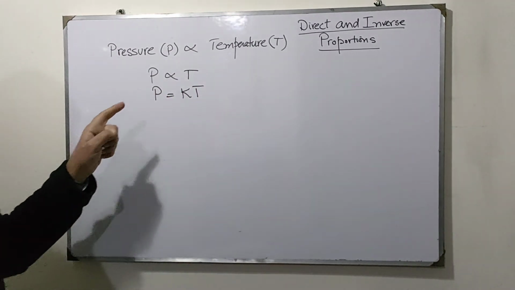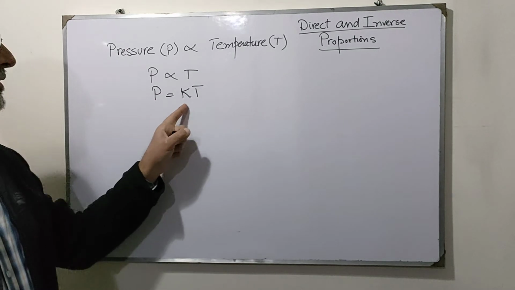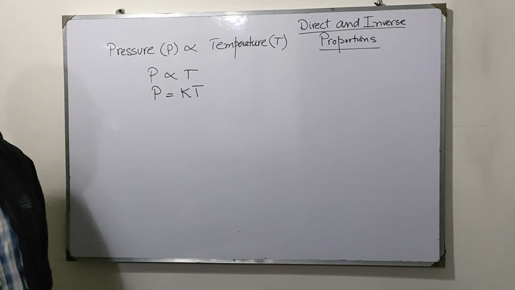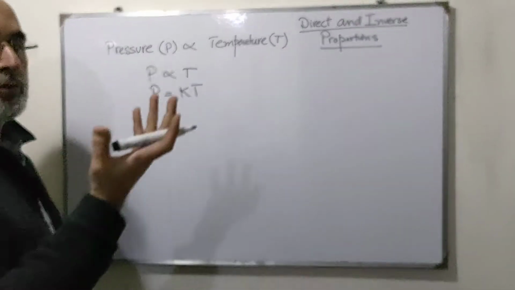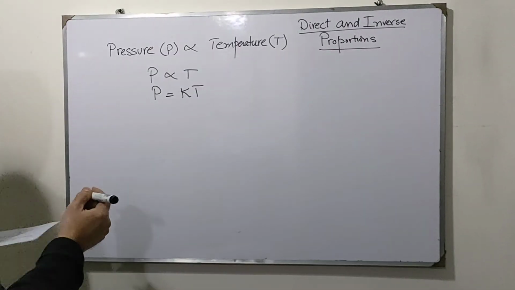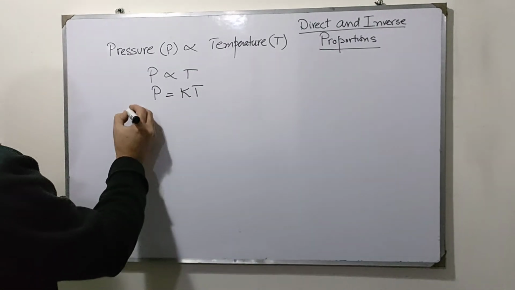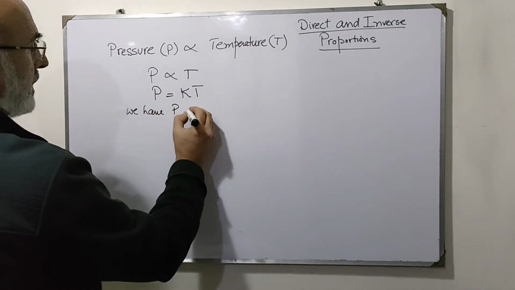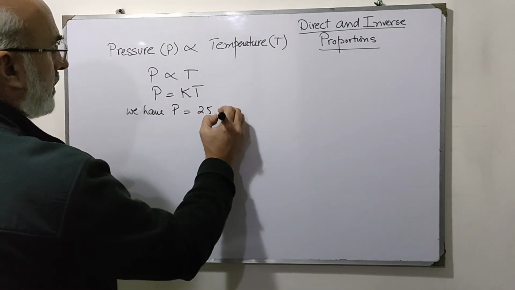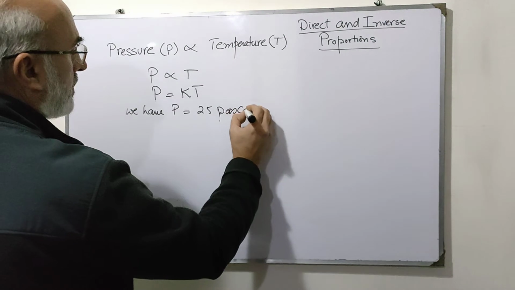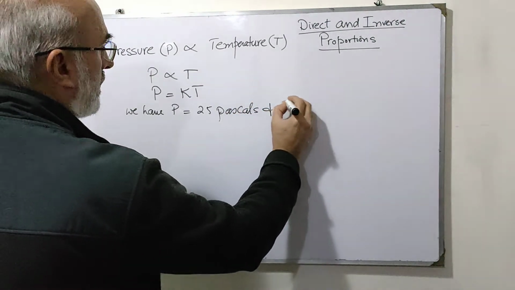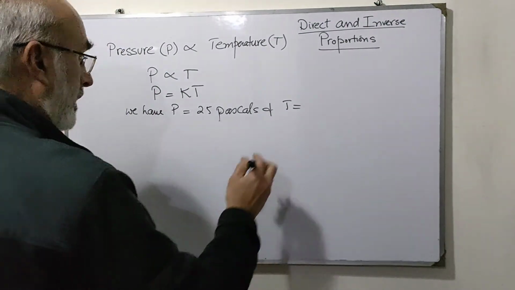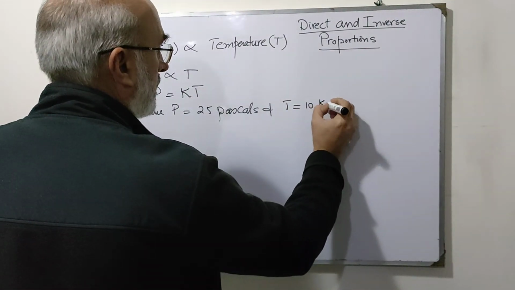Now to find the connecting equation, we need some initial values. Supposing pressure P equals 25 pascals and T equals 10 kelvins.